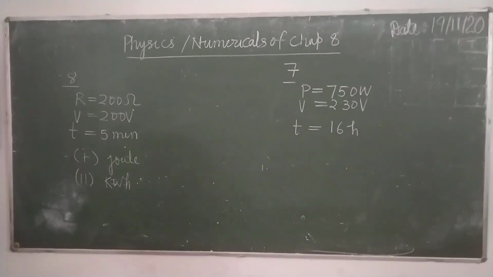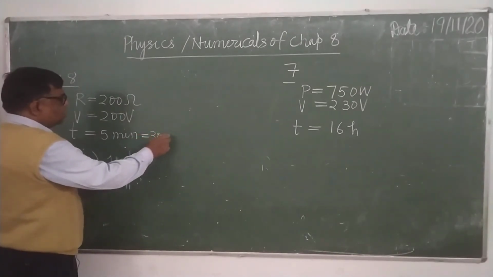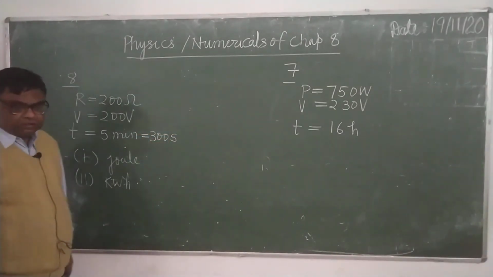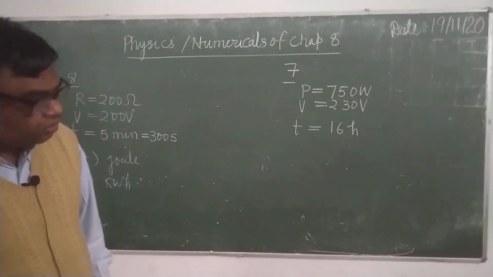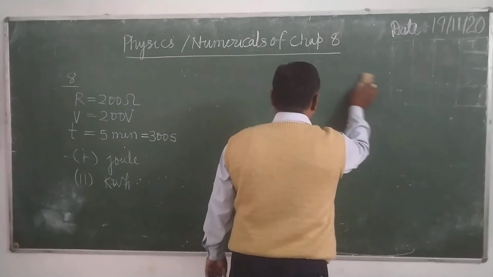So see here, what will be the energy consumed? Which formula will you use? R is given, V is given, T is given. T is 5 minutes, means 300 seconds. Now this is very simple.